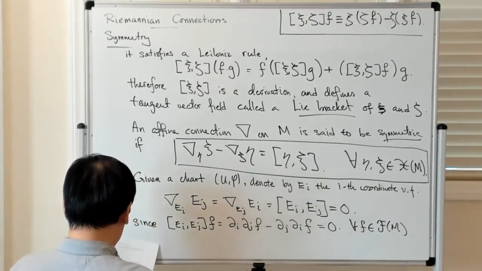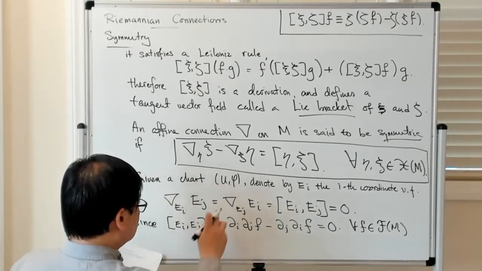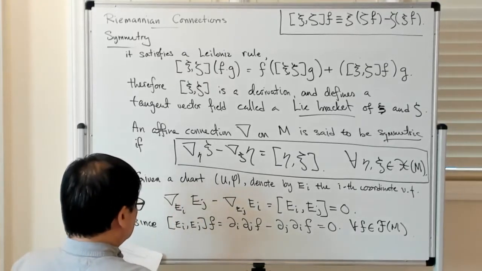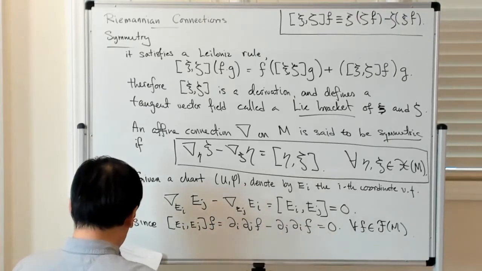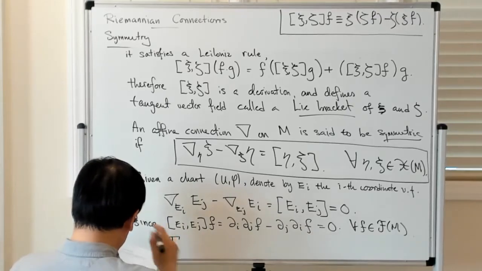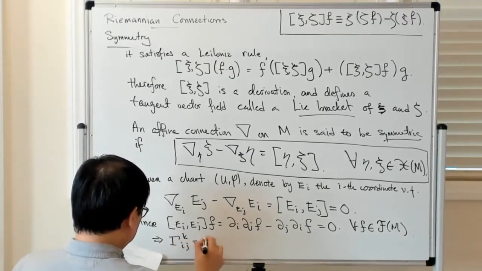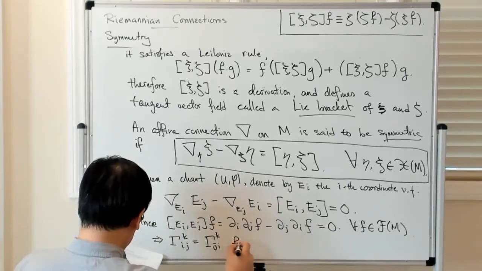I'm sorry, that's a minus sign here. So this is identically 0. That means that gamma^k_ij is equal to gamma^k_ji for every symmetric connection.